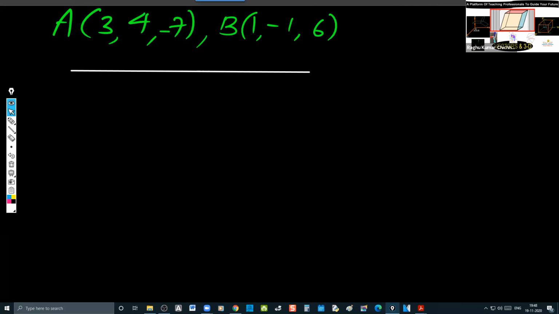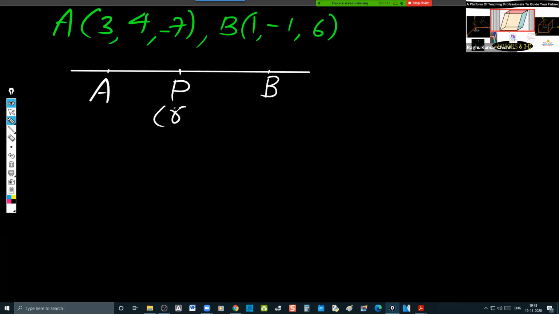So I'm taking up the explanation through the concept only. See how to write this. Follow this carefully, please. I'm taking up a point P here, which is a general point.